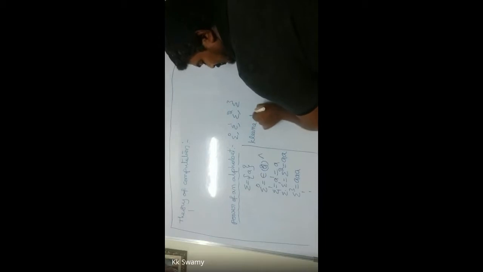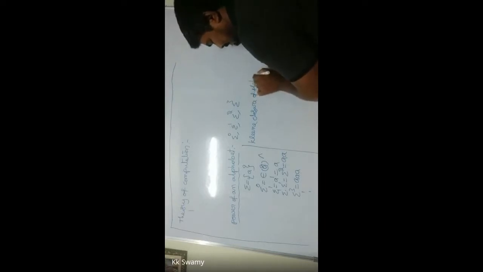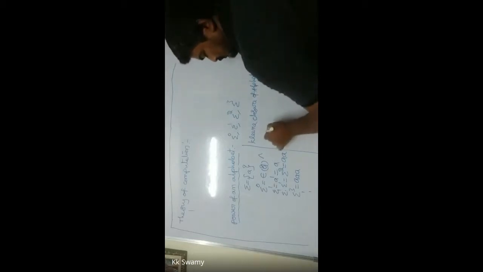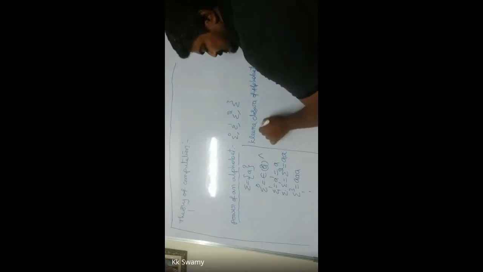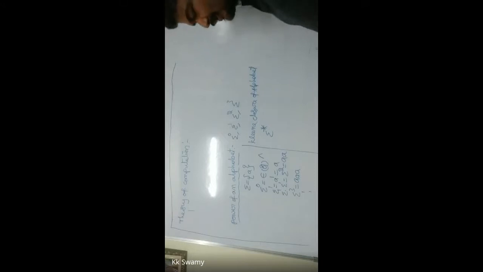The alphabet is sigma, and the Kleene closure is represented by the star operator, called sigma star.